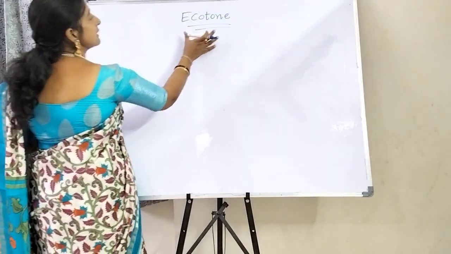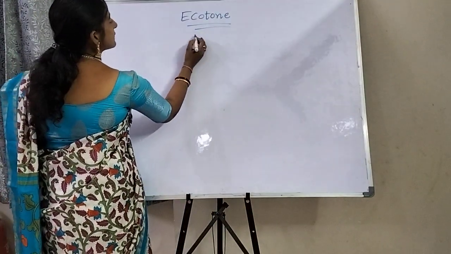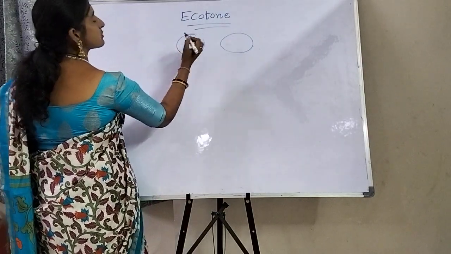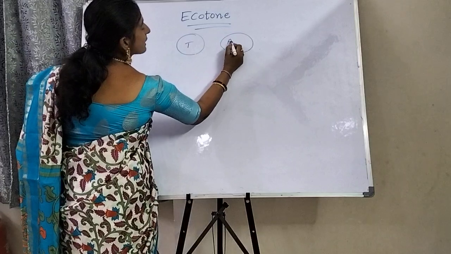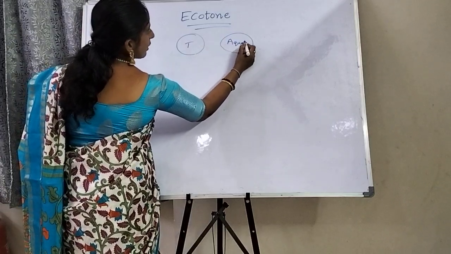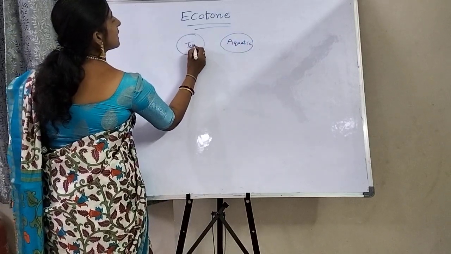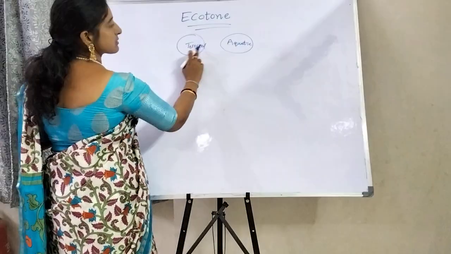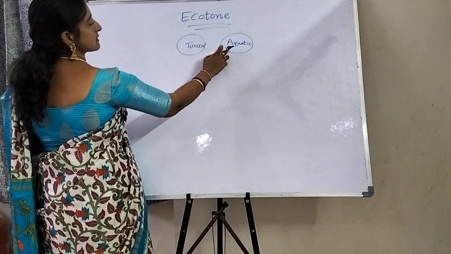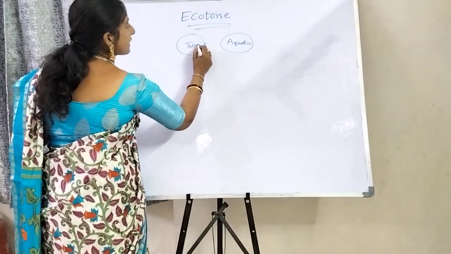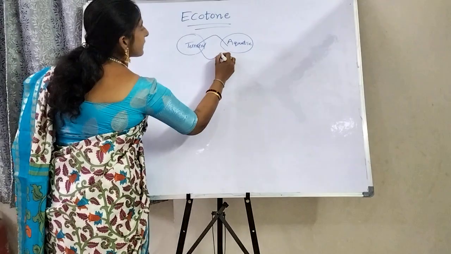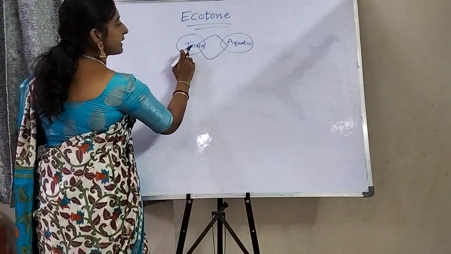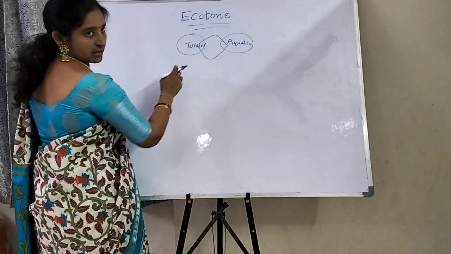So that means this is the ecotone. Here there are two types of ecosystems. This is the terrestrial ecosystem, and this is the aquatic ecosystem. Between these terrestrial and aquatic ecosystems, there is an area closely related to both of them.